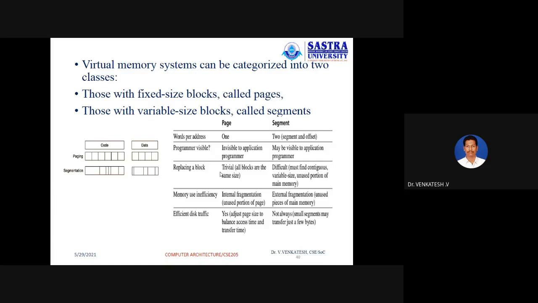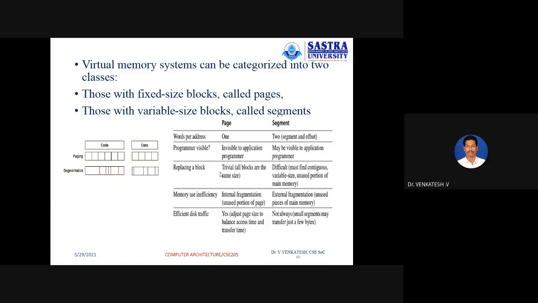Whereas in external fragmentation, there are unused pieces of main memory. First we have to think about what the size is, so we should not map it easily. We have to check the size, and which portion within it is not used. That is why external fragmentation occurs.